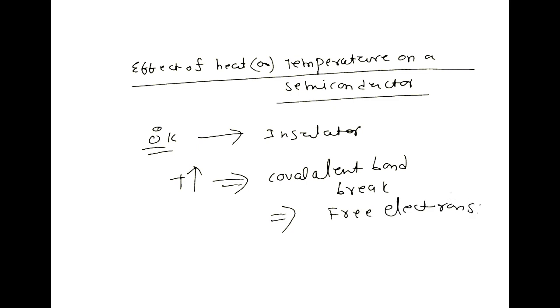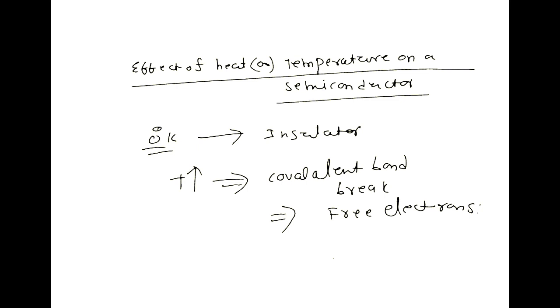These electrons move from the valence band to the conduction band, and these free electrons constitute current. When a free electron is generated, a hole is also generated in the valence band, which also helps conduction.